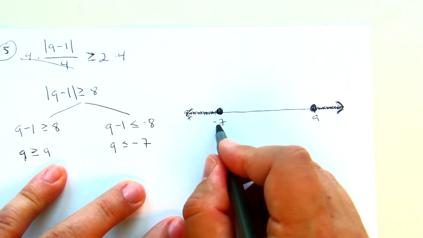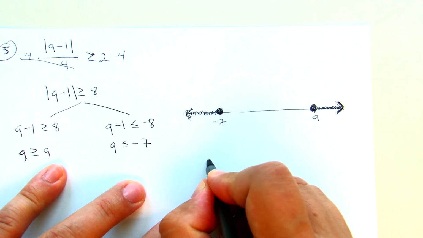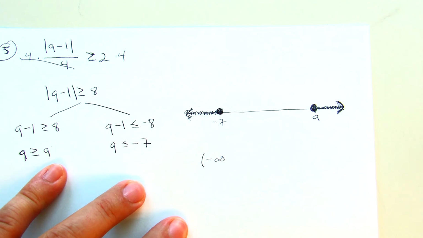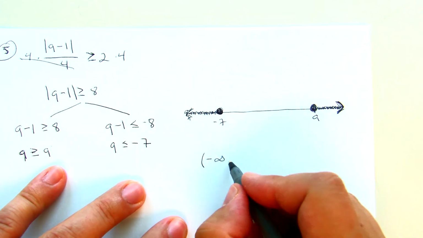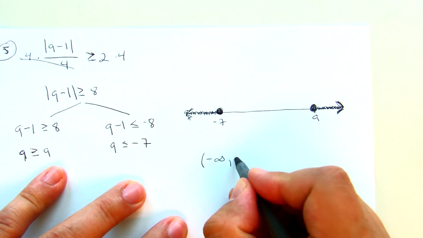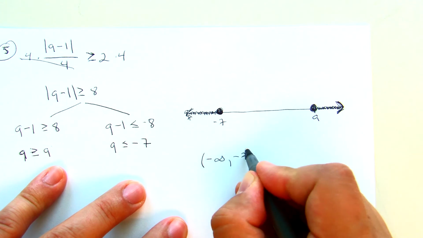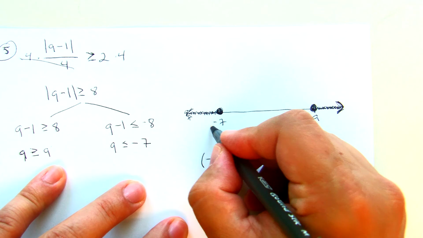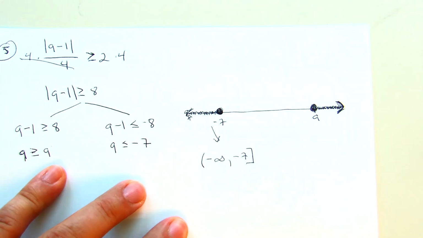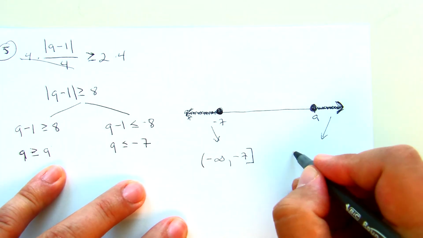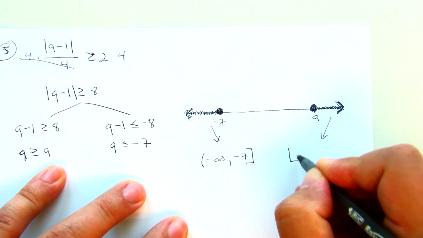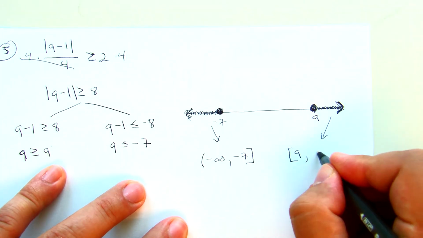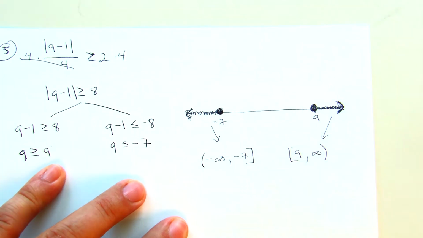So this part is going to be negative infinity, and we always put the parentheses around infinity or negative infinity, up to negative 7, and here we're going to use a square bracket. Then this part over here is going to be everything from 9, including 9, so we'll put the square bracket there, up to infinity. Infinity always gets a parentheses.